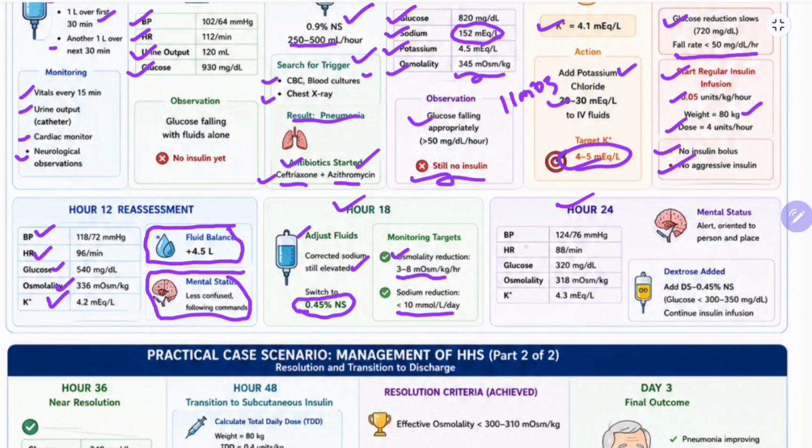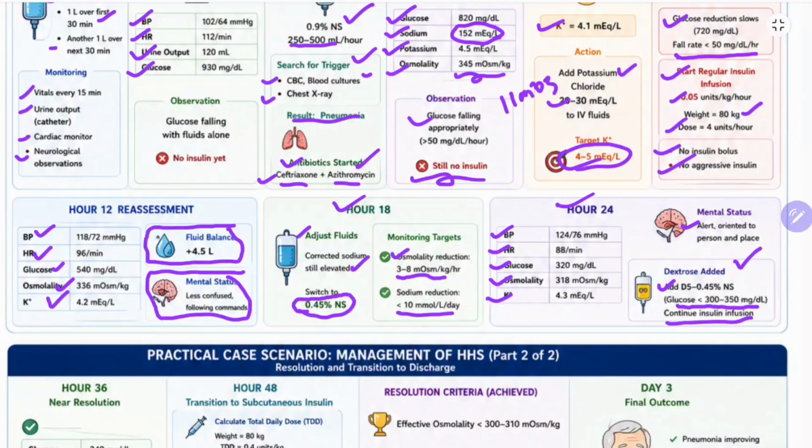Hour 24. BP is 124/76, heart rate 88, glucose 320, osmolality 318. Potassium is 4.3. Mental status is still improving, alert, oriented to place and person. Now dextrose is added, D5 in 0.45% NS, as glucose is falling below 300 to 350 milligram per deciliter.